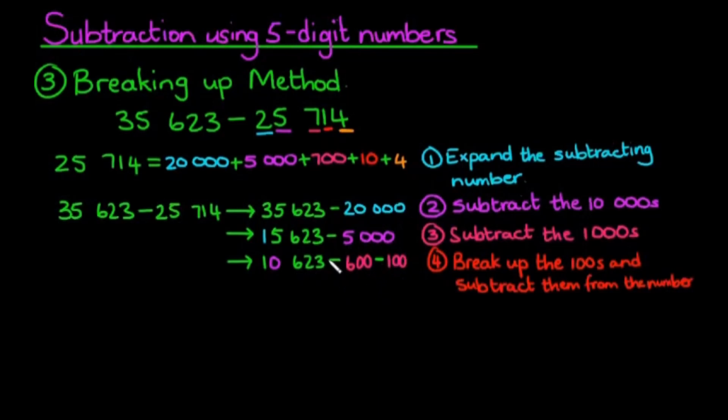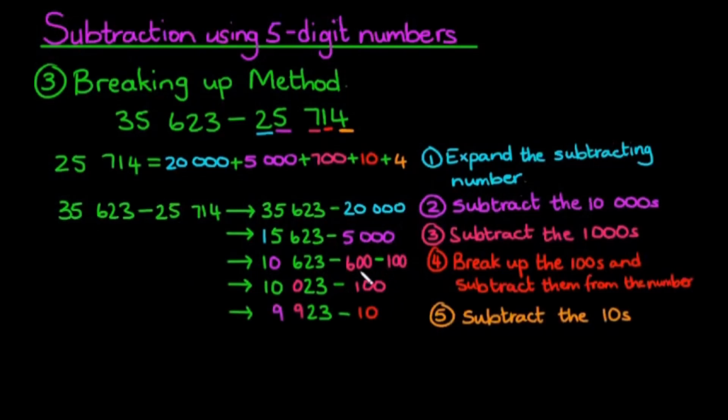And I'm first going to minus the 600 from the answer. This is going to give me 10,023. And then I'm going to go ahead and subtract the 100, which will give me an answer of 9,923.